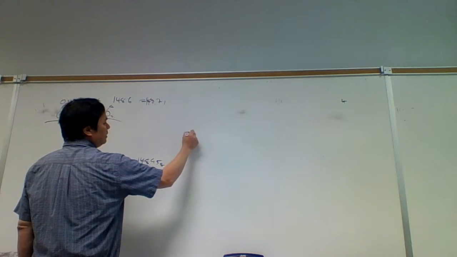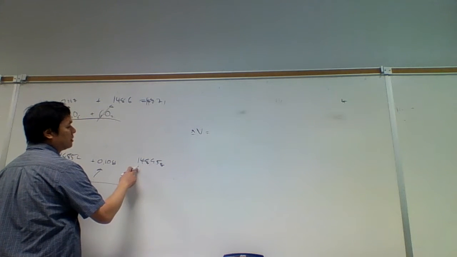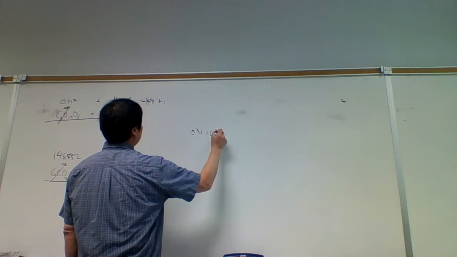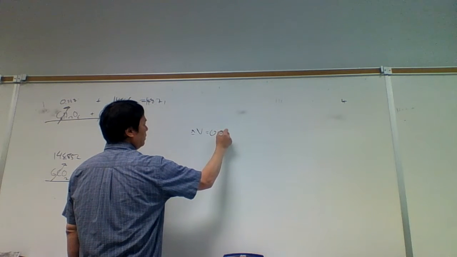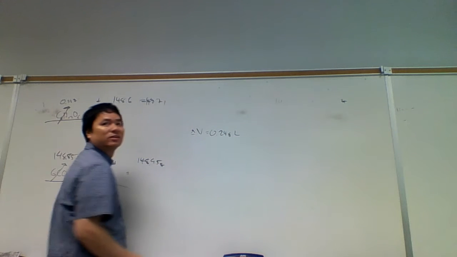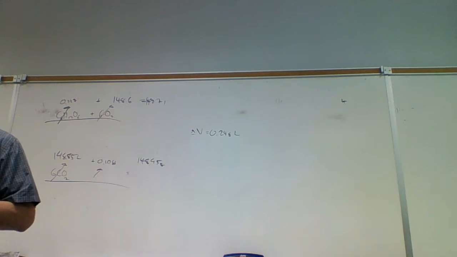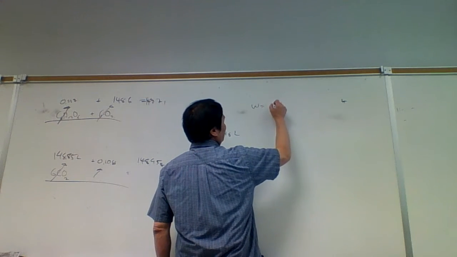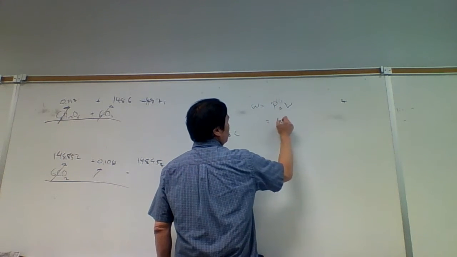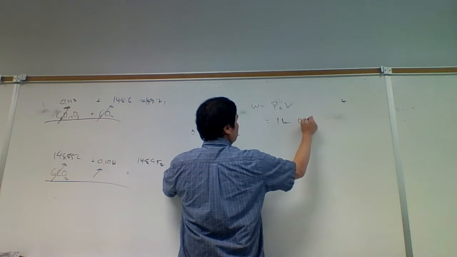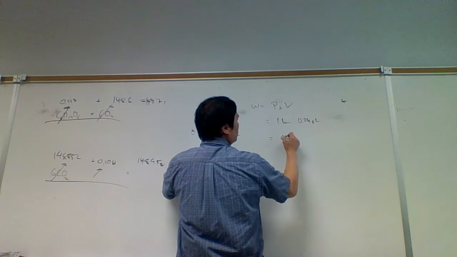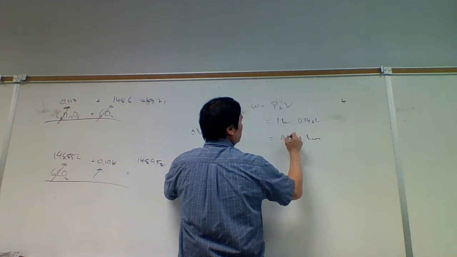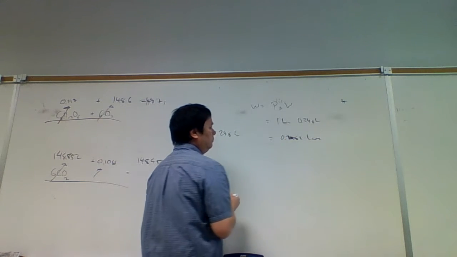And so what is delta V here? Well, it looks like the volume expanded a little bit. We'll just do it rough, 0.248 liters, something like that. We'd carry extra digits if we needed. All right, and so the work involved is equal to P delta V. This is going to be 1 bar times 0.248 liters, which gives 0.248 liter bar.